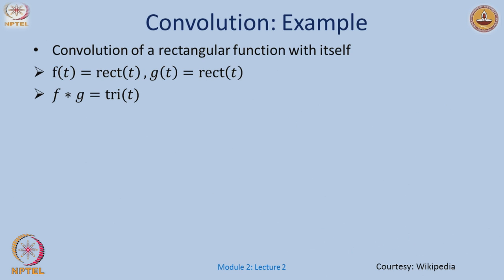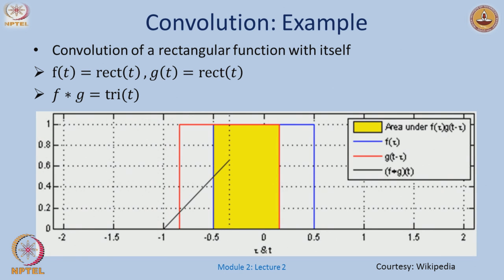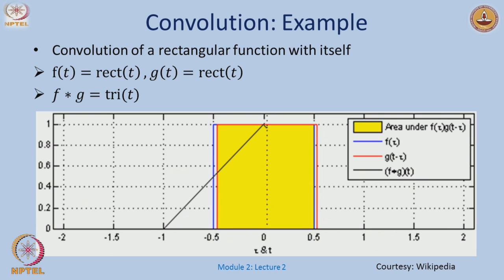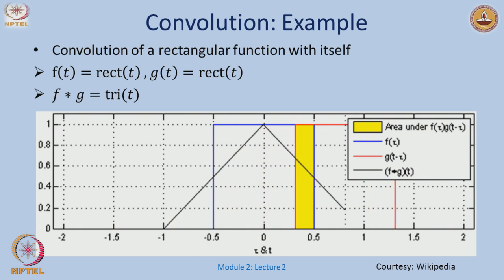Okay. So, let us see that I have two functions, a rectangular function and g of t, which is also a rectangular function, and we see how the convolution of these two gives me a triangular signal. Let us, I hope it will play again. This video is directly taken from Wikipedia, so thanks to Wikipedia for making life a little easier for us.